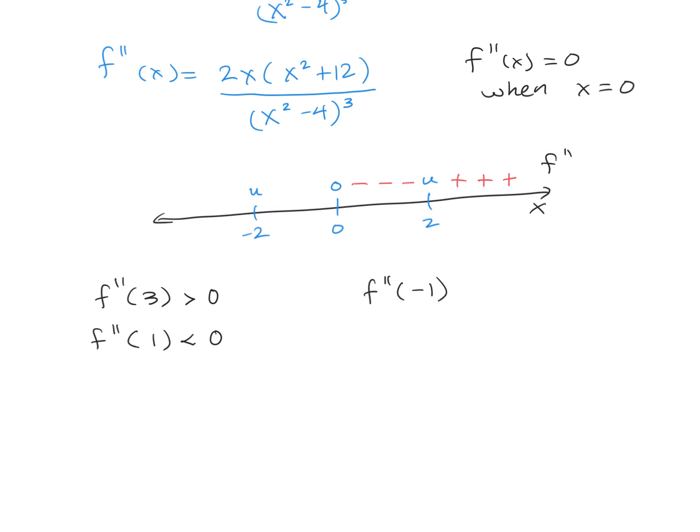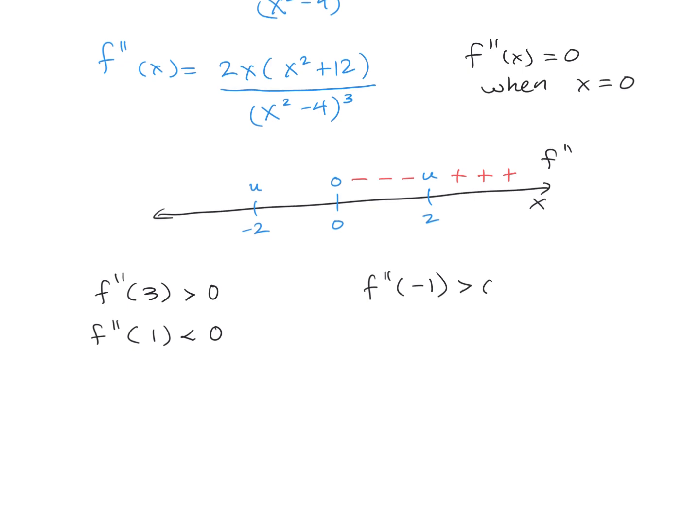And if we use negative 1, you will notice that we get a positive second derivative because our numerator is 2 times negative 1 times something positive, so it's a negative quantity. And down below, negative 1 squared minus 4 is negative. Negative 2 to the third power is still negative, so that is going to be a positive second derivative at negative 1. So we'll label those with positives.